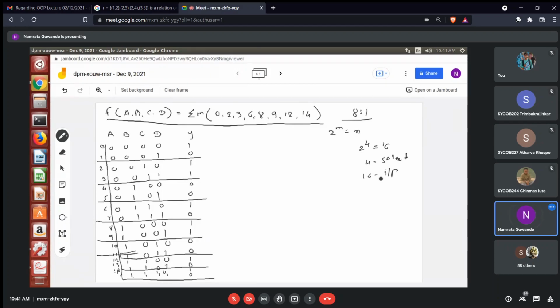But I want to reduce it to 8 is to 1. For 8 is to 1, how many select lines will be required? 2 raised to power 3 equal to 8, means 3 select lines are required. So instead of 4 select lines, I now require 3 select lines.